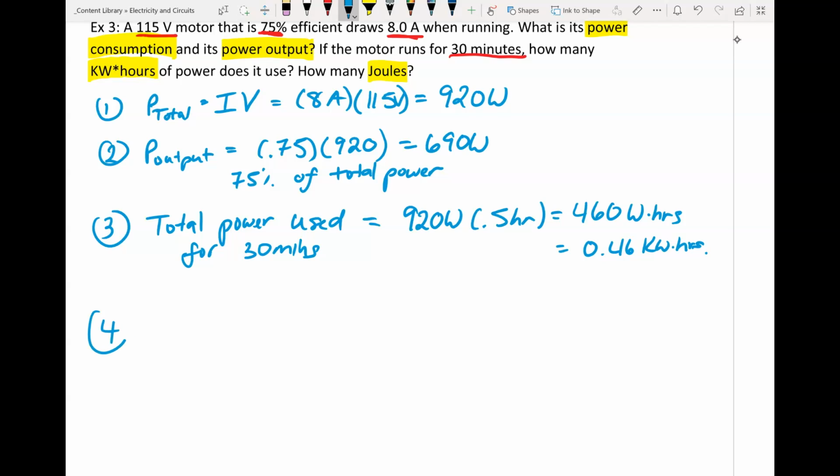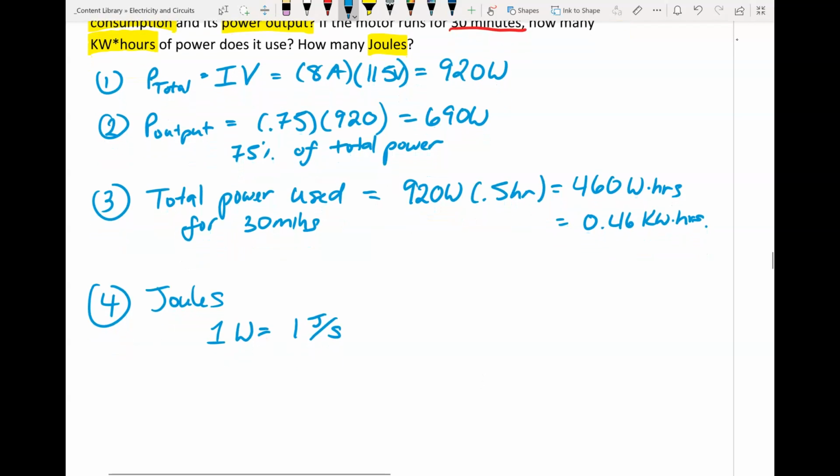Our last one, we want to find this in joules now. So we know that 1 watt is equal to 1 joule per second. So to find the total energy in joules, we're going to take our total power, which is 920 watts.